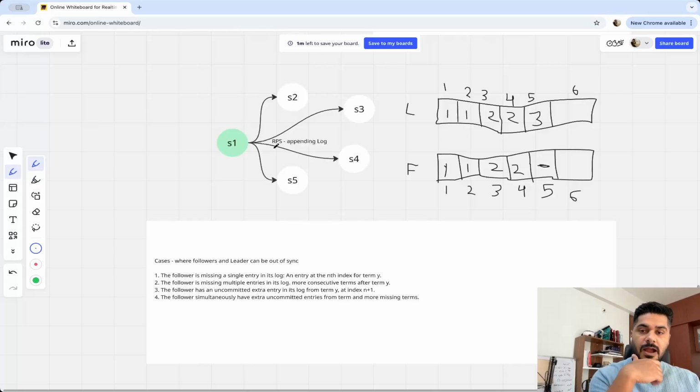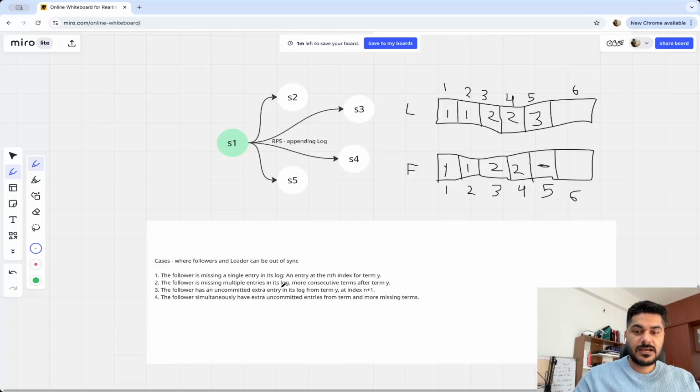So what could have happened is, when your leader sent this to S3, all others responded back. So the majority responded to the server, it committed and responded back to the client. But S3 somehow failed at that particular point of time, hence it is lacking. Right? This can be your one scenario.